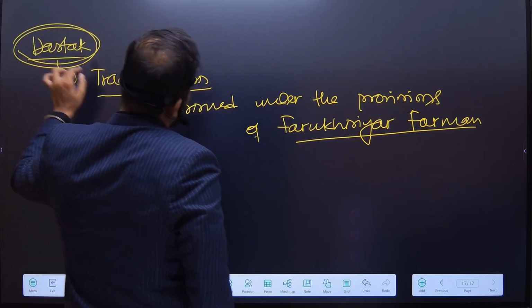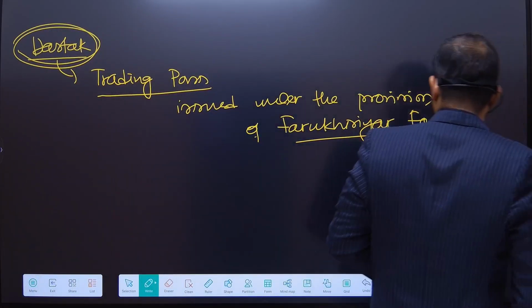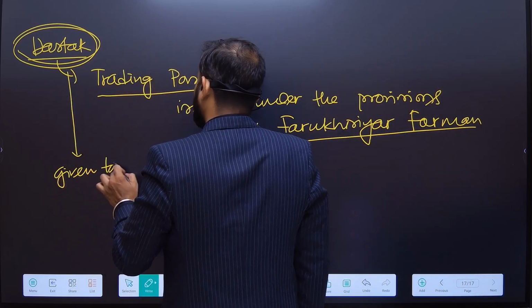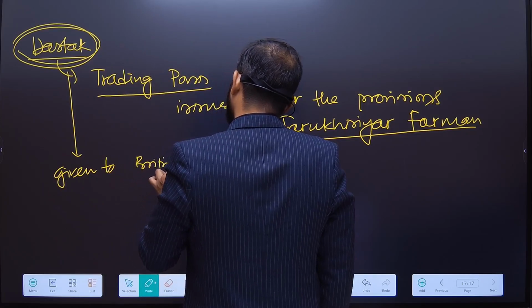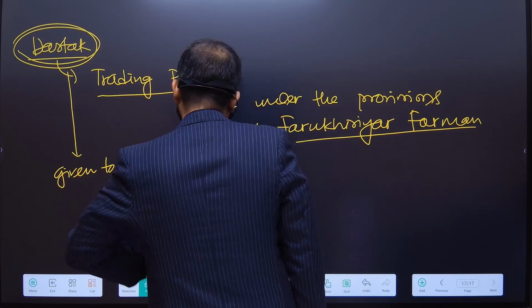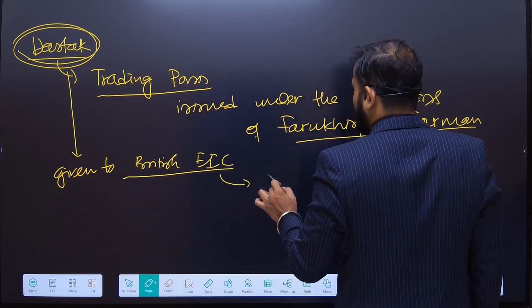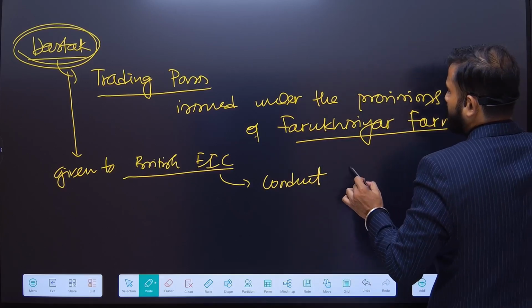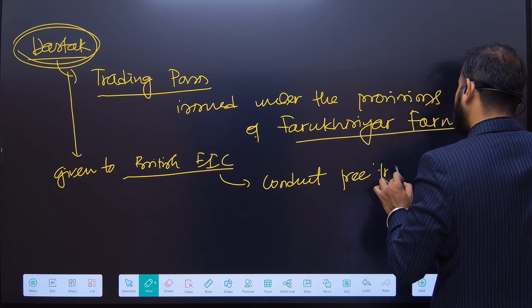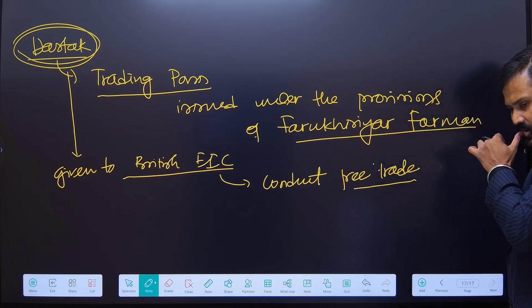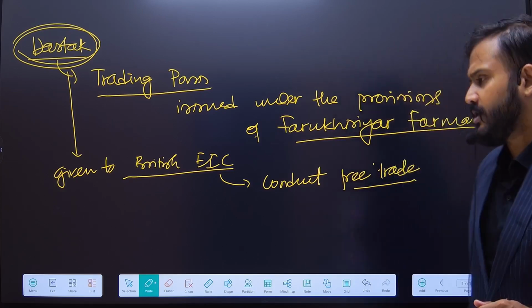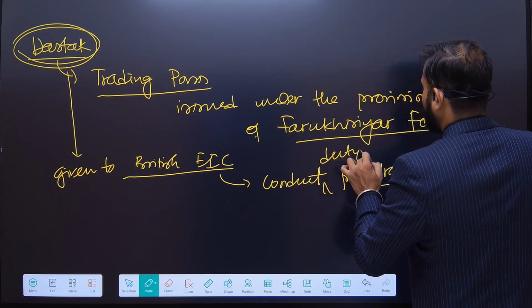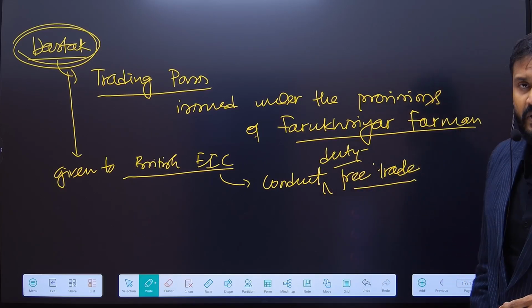The Dastak was given to the British East India Company to conduct duty-free trade.